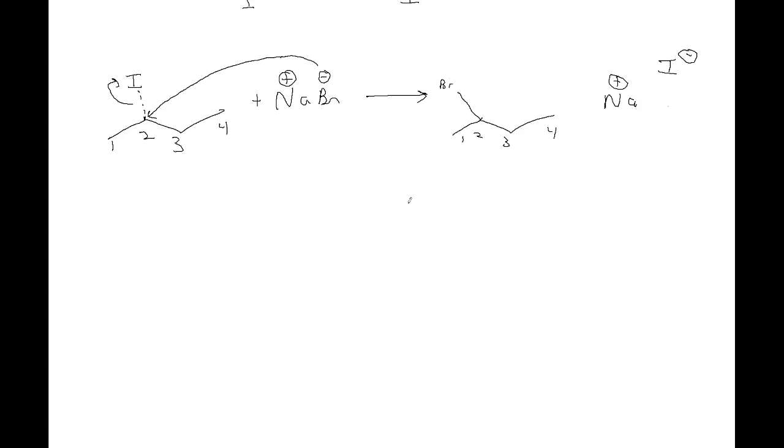Which side is going to be harder for the bromine to attack, in front or in back? In the back, because there's a big iodine there that's blocking the back. In front, there's just a small hydrogen. That's not as much steric hindrance. So which side will it be easier for the bromine to attack from? From the front. So should the bromine end up on a wedge or a dash? On a wedge. That's the answer.